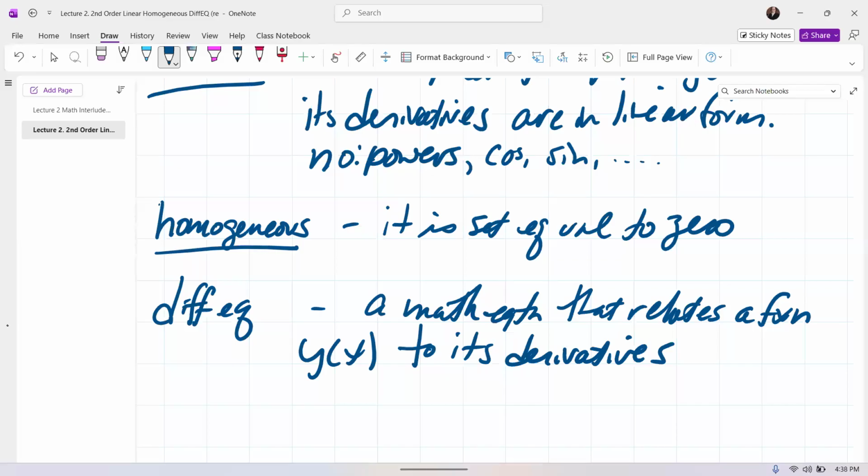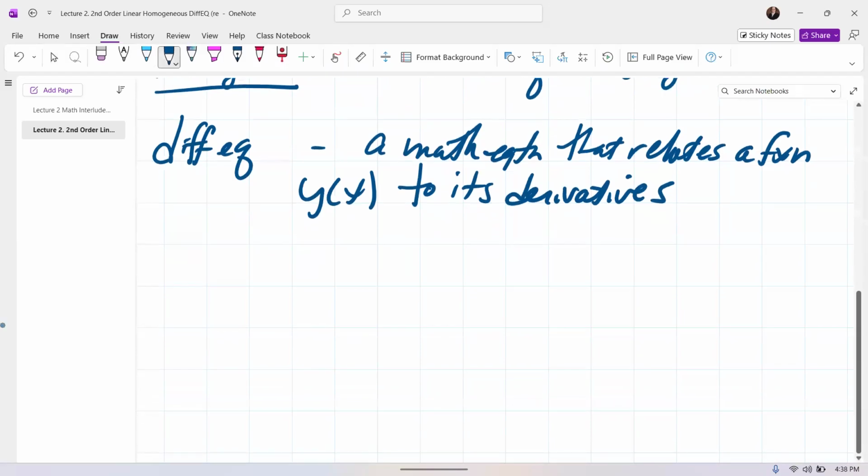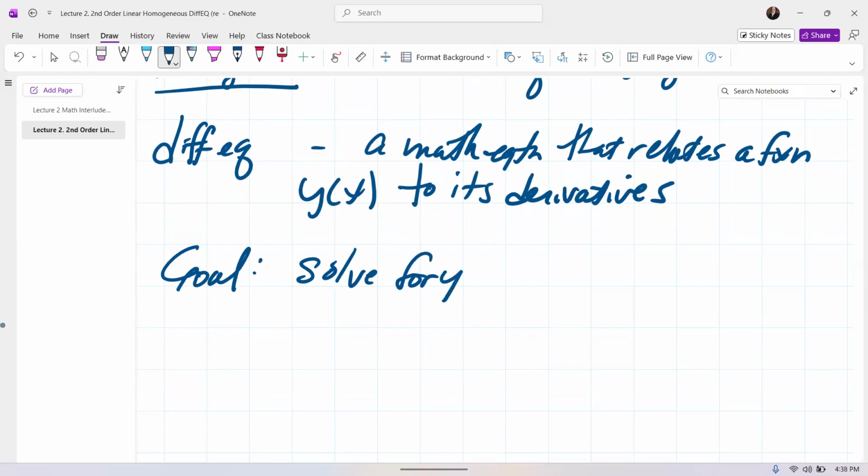So what we want to do then is we want to write down the goal. So our goal is solve for y. It's like a guessing game. I'm thinking of a function that has thus and such properties.